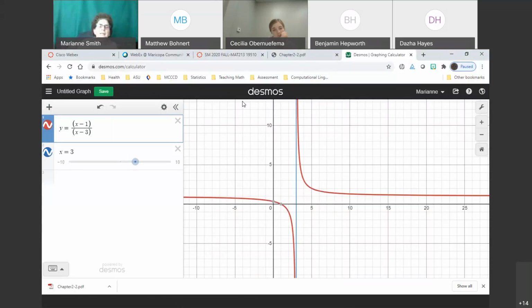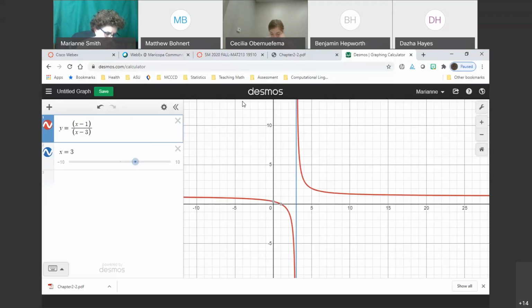These are in your Canvas class as limit and continuity note worksheets, at the bottom. Again, I'm trying to get the technology to collaborate with me. Okay, hang on.